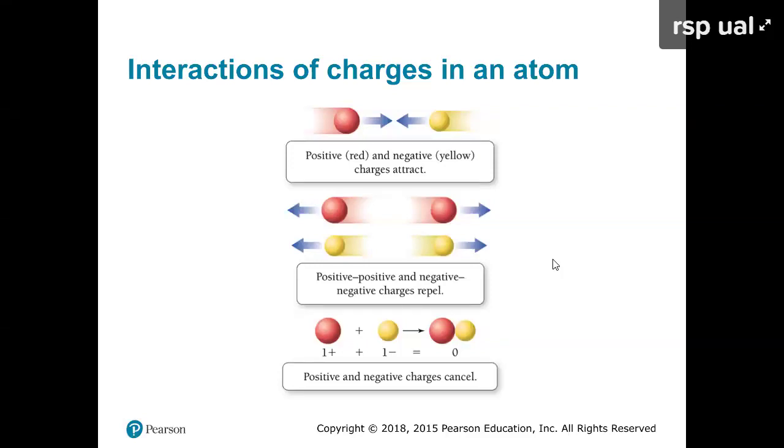So one of the things that holds an atom together is the fact that you've got these attractive forces that exist between the nucleus, which is positively charged, and the electron cloud, which is negatively charged. And that attraction is what keeps that atom together.